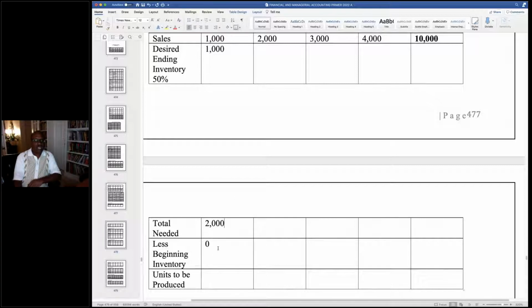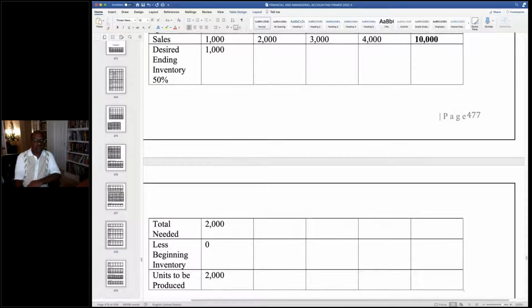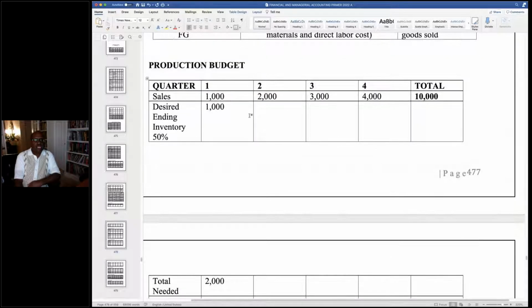And then for the units to be produced, that's the part that I'm confused about too. For the units to be produced, you don't have any beginning inventory, so it's just 2,000. I see. We would subtract whatever our beginning inventory would be. Right. So what we're saying here is that you've got to produce everything you're going to sell plus 50% of what you're going to sell next quarter.